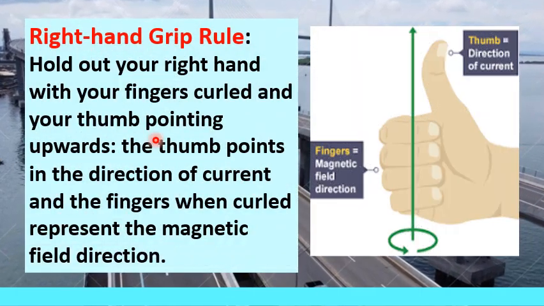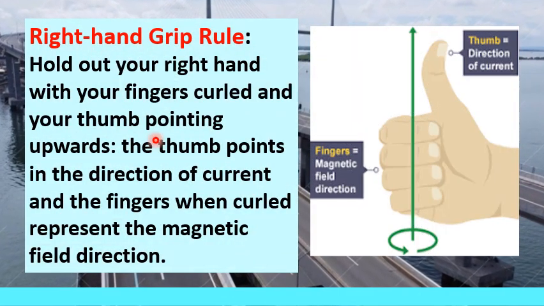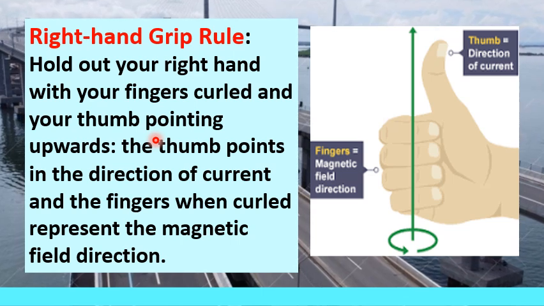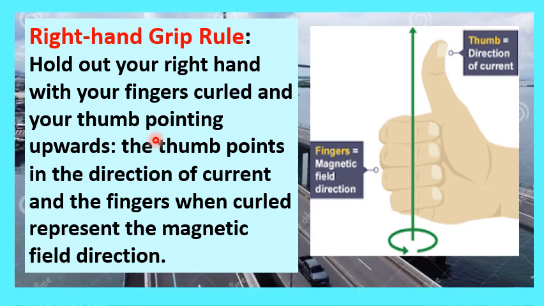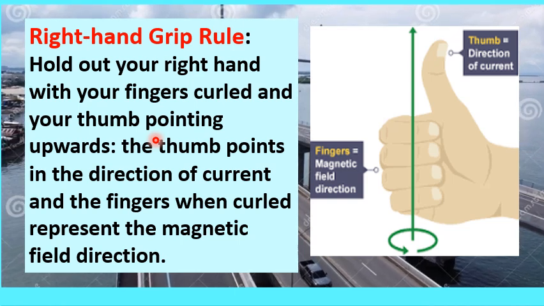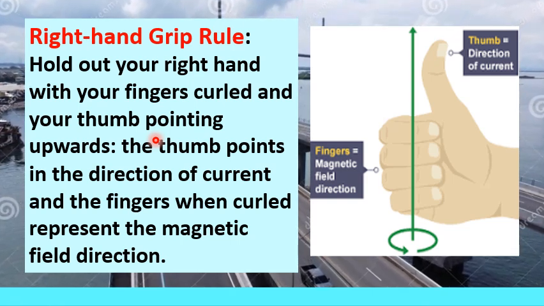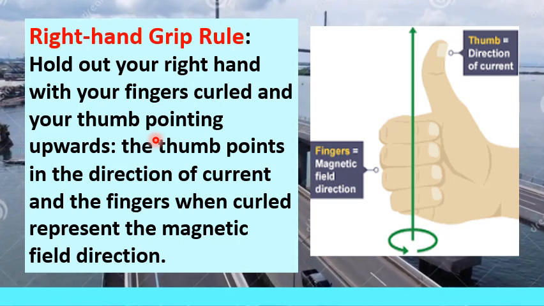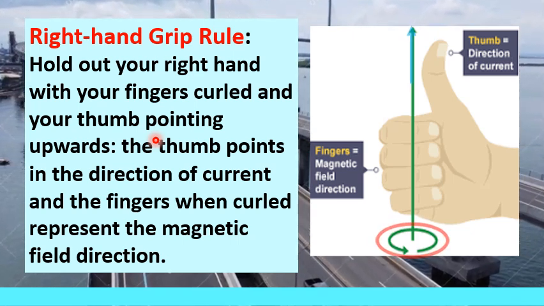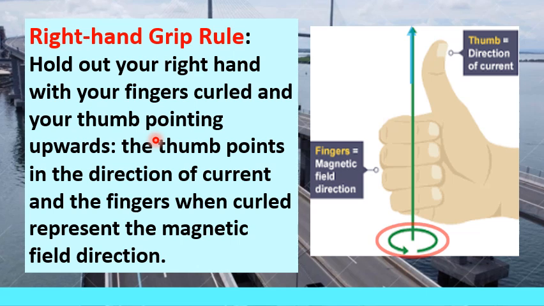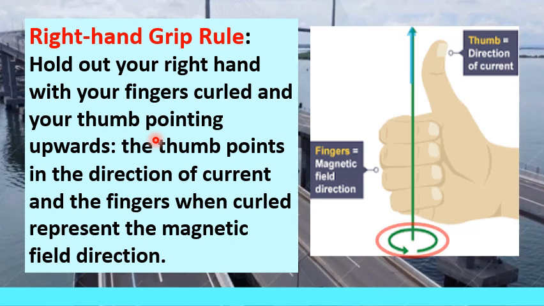The right hand grip rule may be used when the current in a straight conducting wire is the conventional current, where the net flow of the charge is from the positive terminal to the negative terminal of a battery. As shown in the figure, this is the way to use the right hand grip rule.